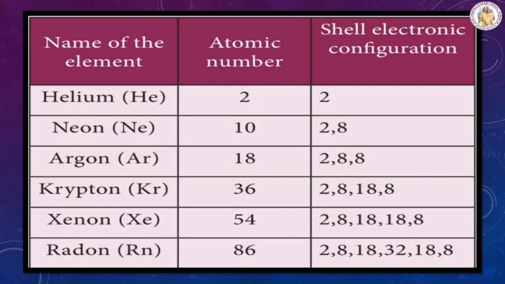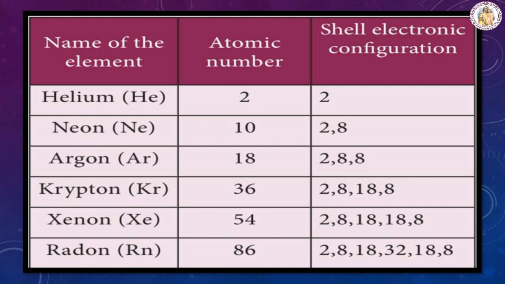The outermost shell electrons are 8. Krypton atomic number is 36. The outermost shell, the fourth shell, has 8 electrons. Xenon atomic number is 54. The outermost shell is completely filled, that is 8. Next is radon.